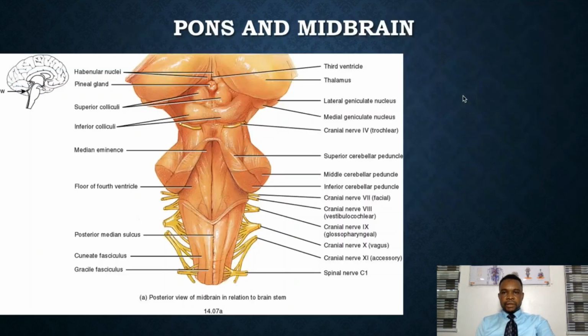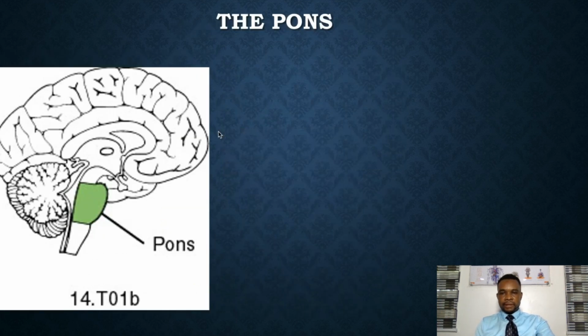This structure you are seeing here shows us structures within the pons and the midbrain where some cranial nerves come out of the brain. We also have a video for the 12 cranial nerves and then the spinal nerves. This is the pons. The part painted green is the pons immediately after the midbrain.